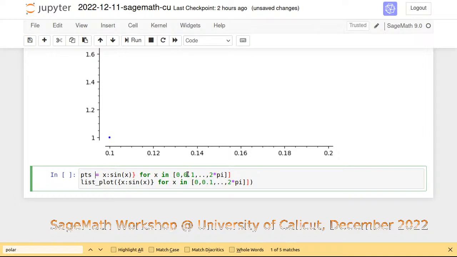I am just saying PTS equal to list of all. What should I call that? I don't know exactly what to do here. I want x colon sin x. So will append work with the dictionary? That's what I'm wondering.